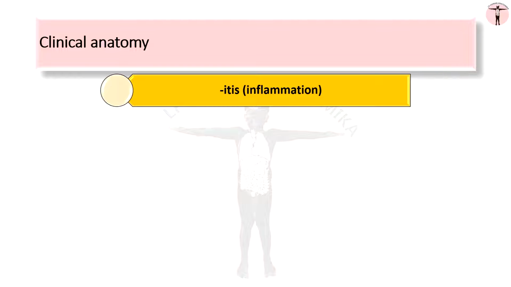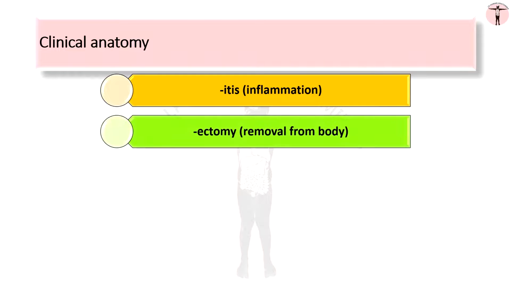The next suffix can be used like that. So this applies for the rest of the suffixes. Ectomy means removal from the body. An example for ectomy is appendicectomy, where you remove the appendix from the body.